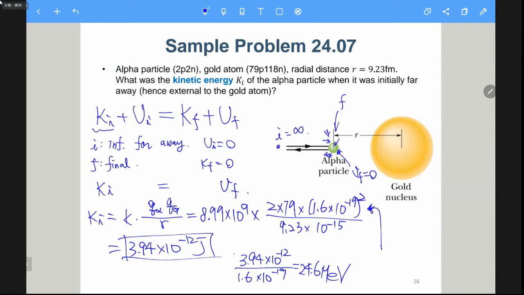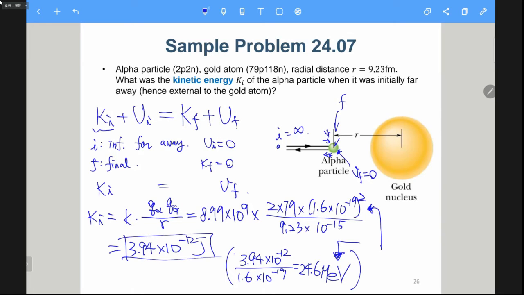Mega is 10 to the 6th power. You can use this unit to describe the energy of a particle.